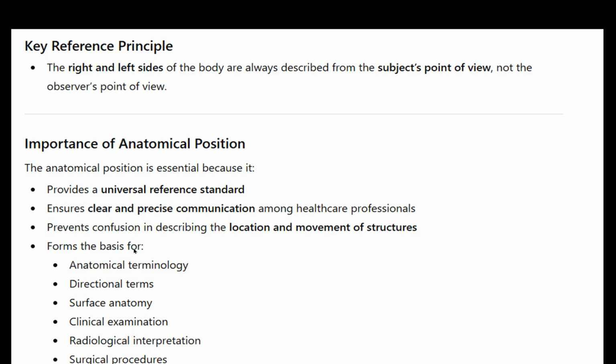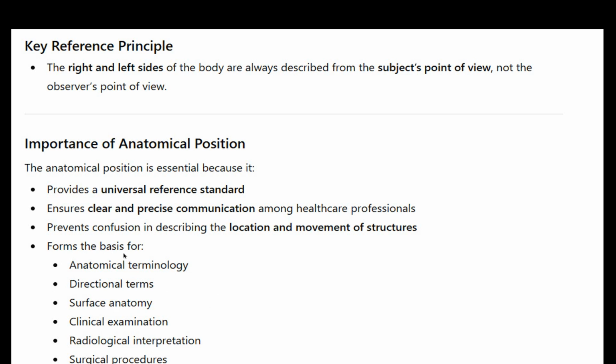Next point says forms the basis for. Now the anatomical position forms the basis for anatomical terminology, right? Through these anatomical positions we decide the anatomical terminology, directional terms, surface anatomy, clinical examination, radiology interpretation, and also the surgical procedure.